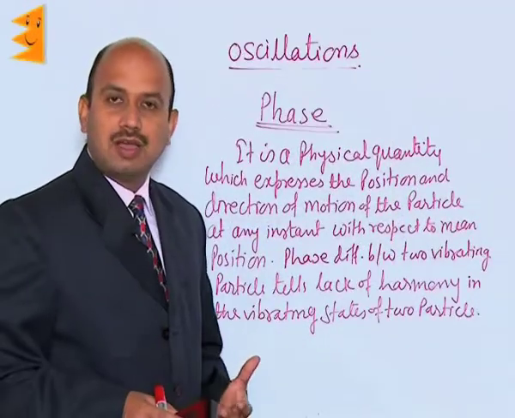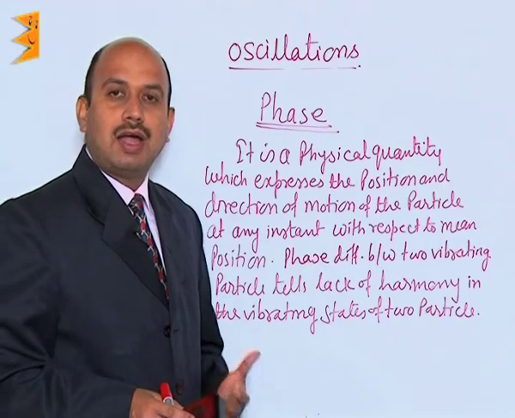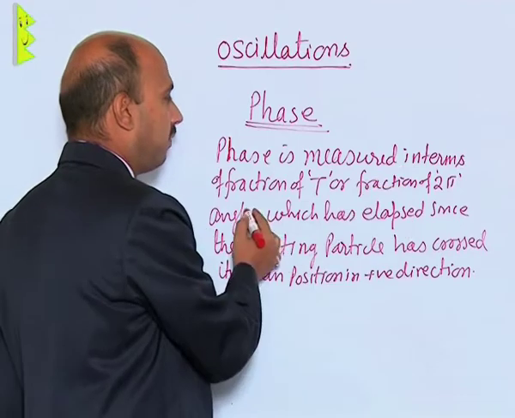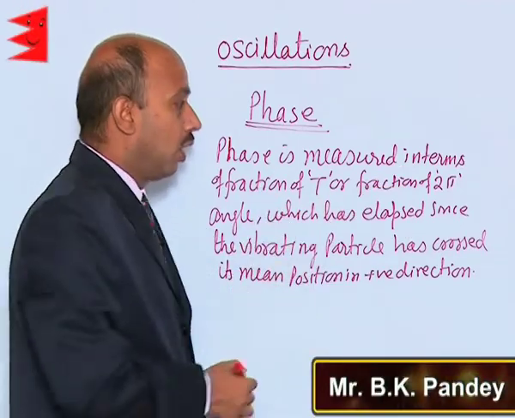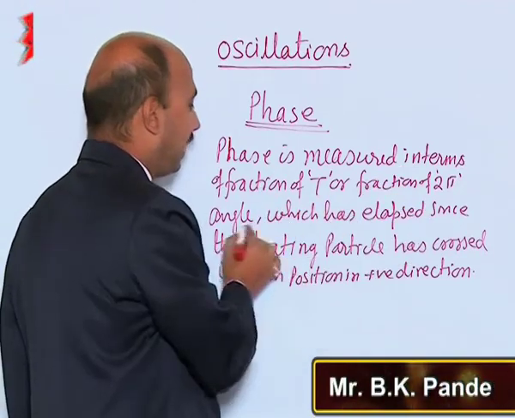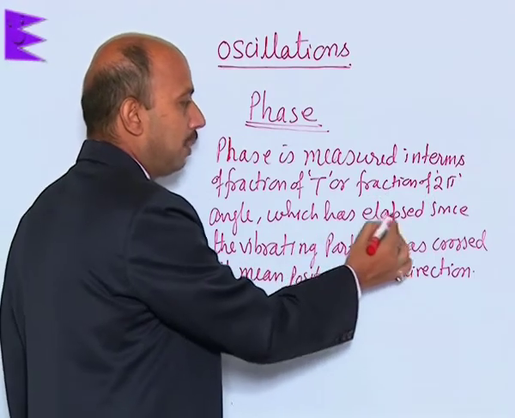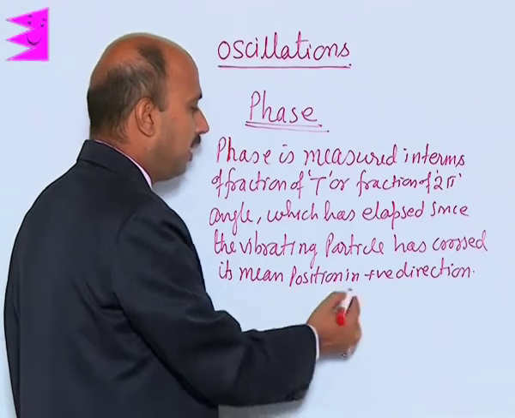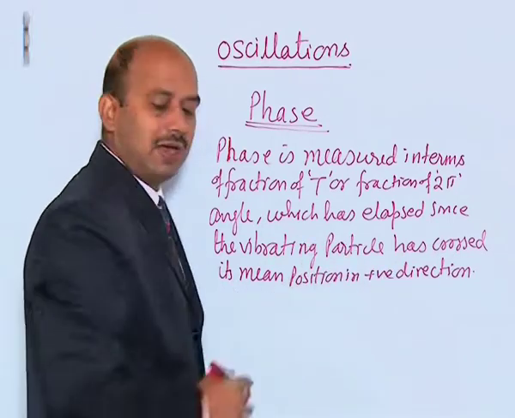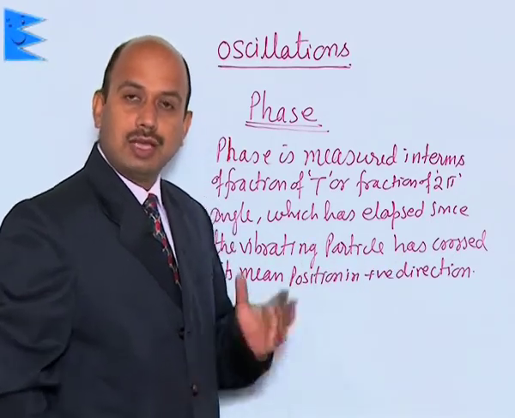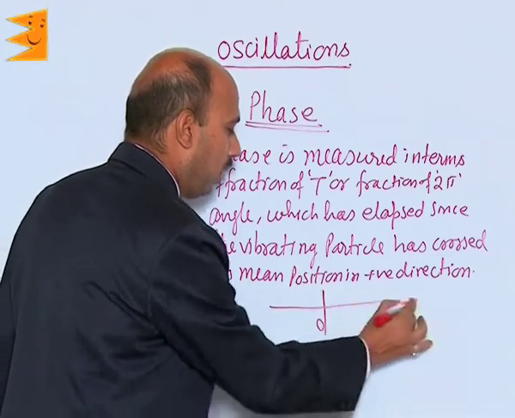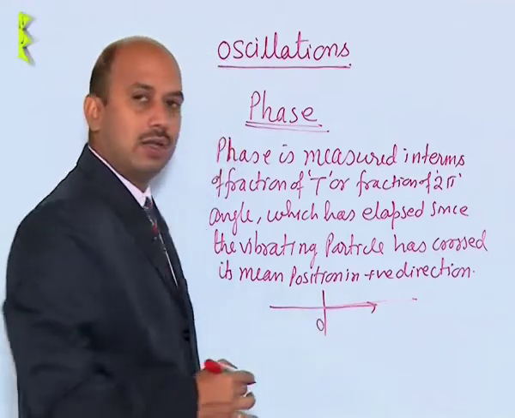So, let us understand how we measure phase and the phase difference. Now, see, a phase is measured in terms of a fraction of time period or a fraction of 2 pi angle which has elapsed since the vibrating particle has crossed its mean position in the positive direction. So, first we take the mean position, here O, and the particle is going in this direction.